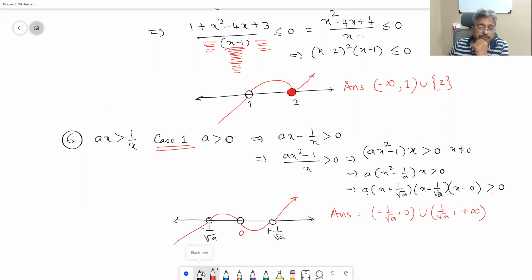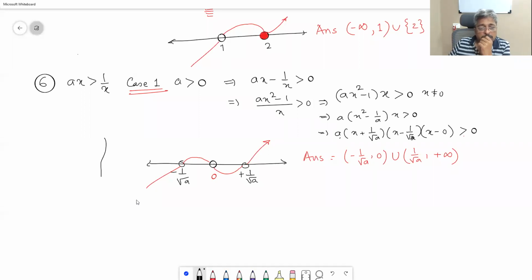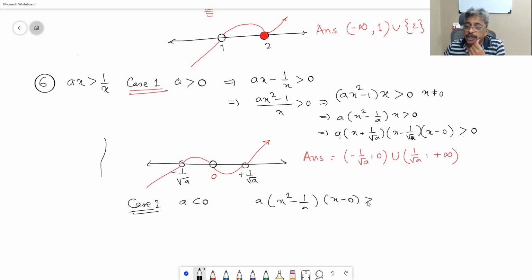Case 2: a is less than 0. If a is less than 0, then up to which point can we go? Up to this point: a into (x squared minus 1 upon a) into x should be greater than 0.